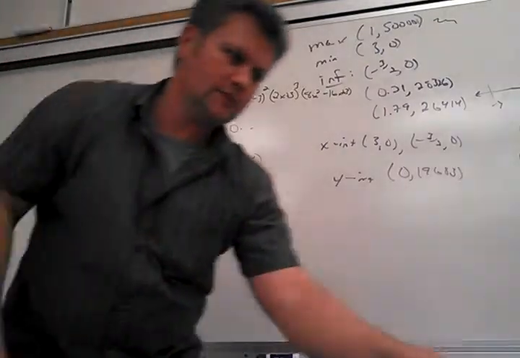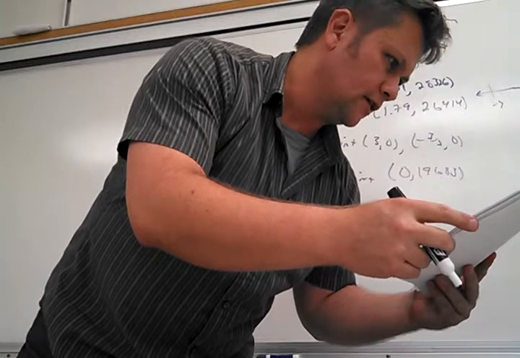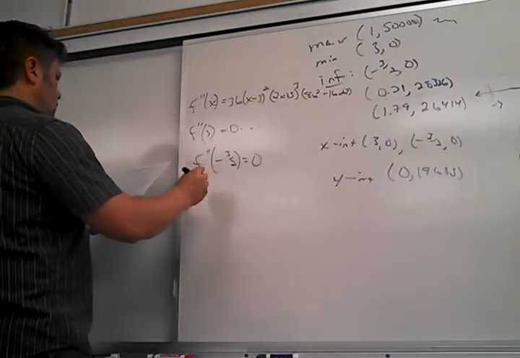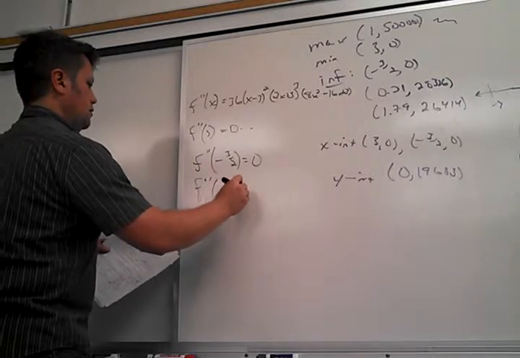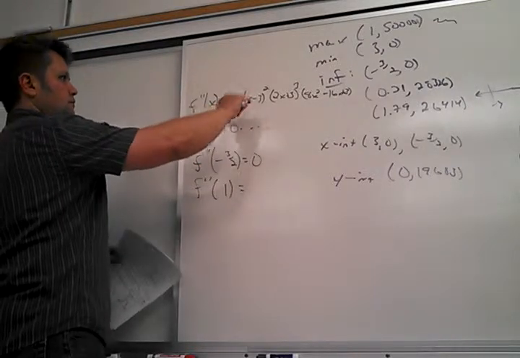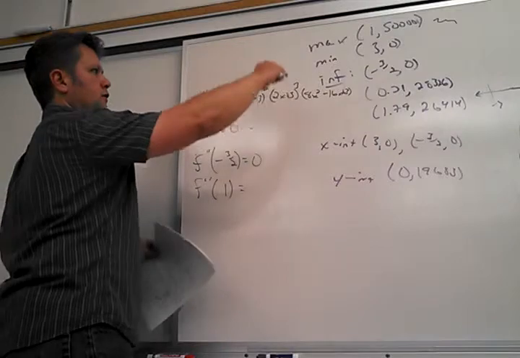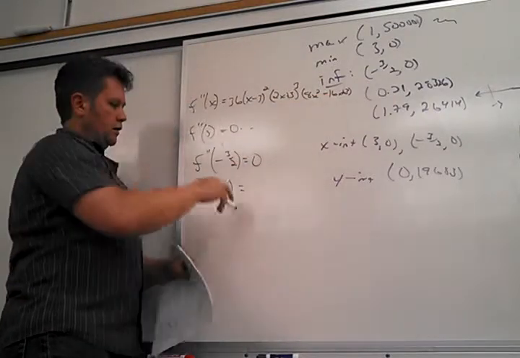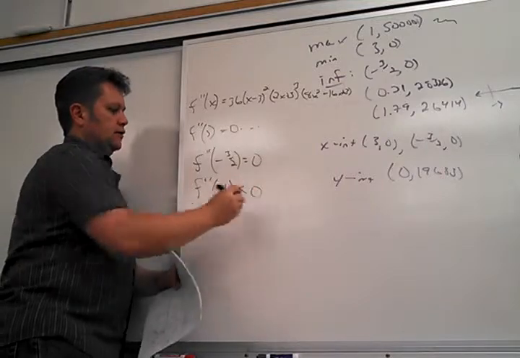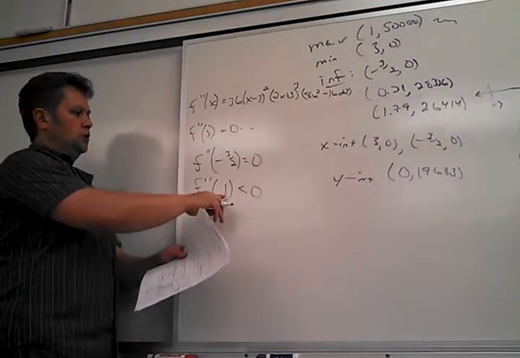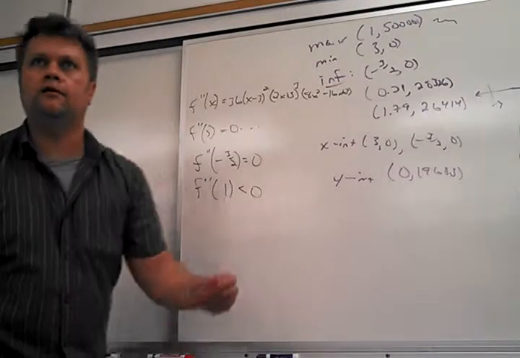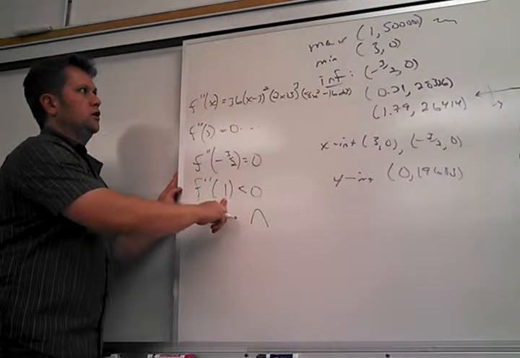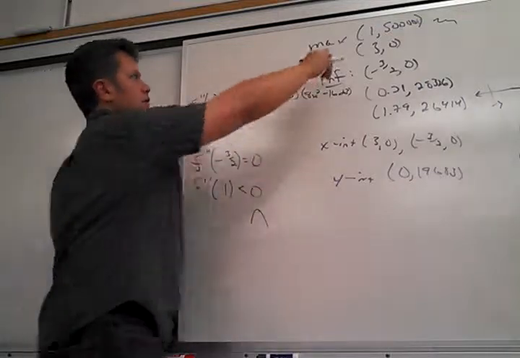I think that was the only 0. Oh, and 1. Yeah, f double prime of 1 is positive, positive, negative. So f double prime of 1 is less than 0, which means it should be concave down here, which means that 1 should be the location of a max, and that's of course true.